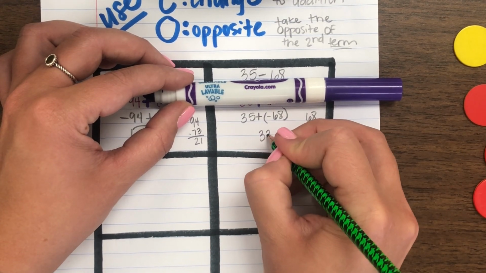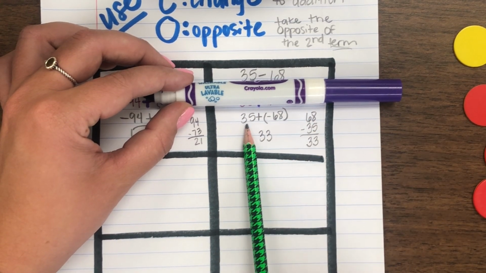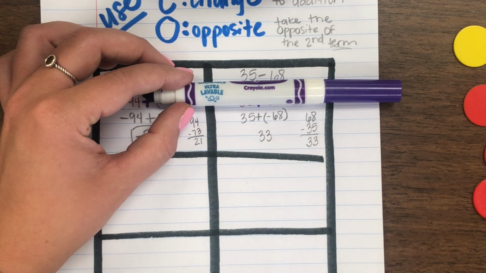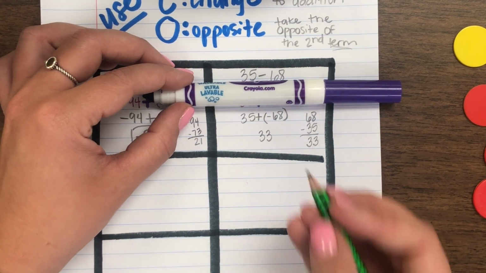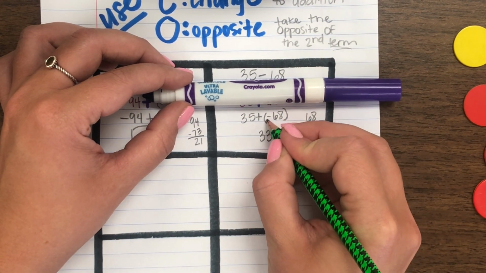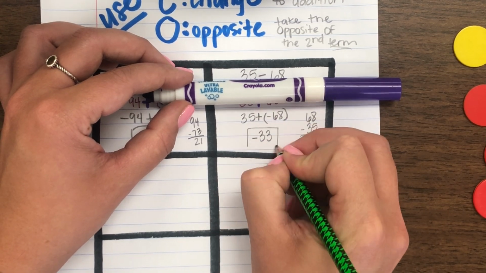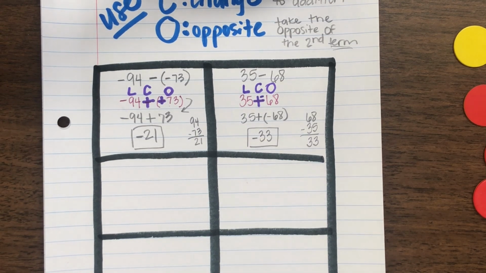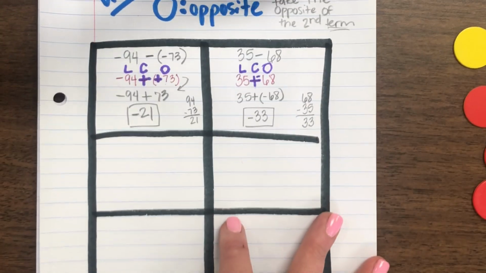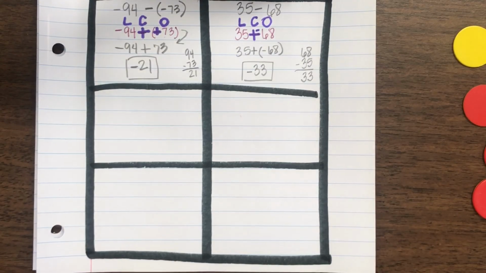In your head, go ahead and think about, is your answer going to be positive or negative? Which team wins the battle? This negative team has a larger absolute value. It has more soldiers, so negative wins the battle.